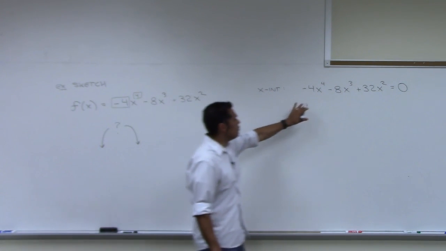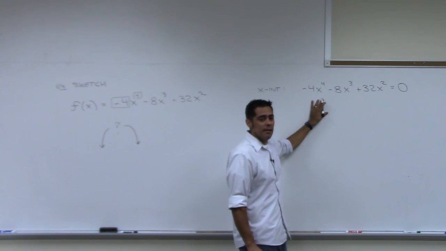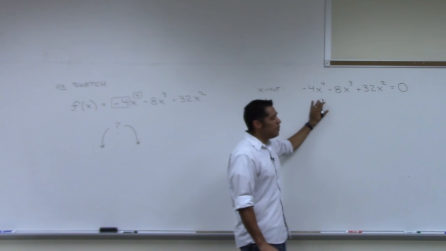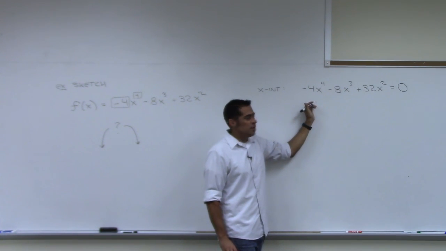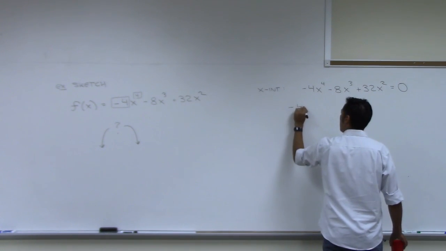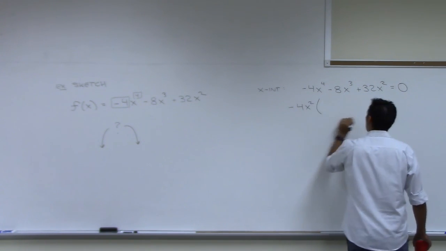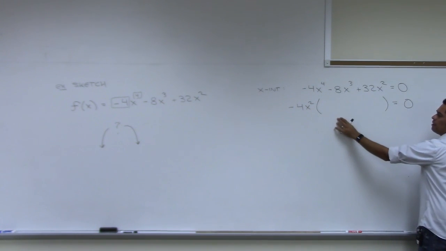So you notice that we have what in common here? We have a 4 and x squared. Is it all right if I pull a negative 4 instead of a positive 4? Yeah, I would just change the signs. Now, we like to do that because if I pull a negative 4x squared out, I will have how many terms in here still? 3 of them, right?